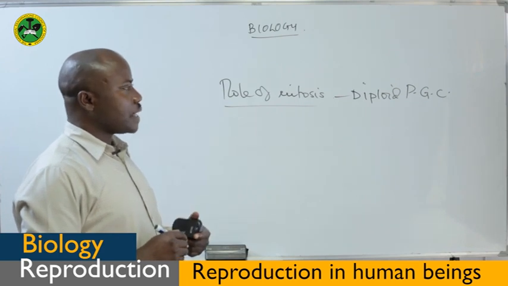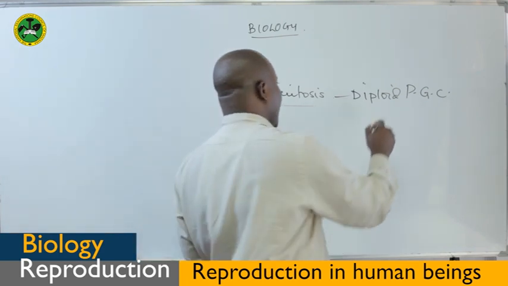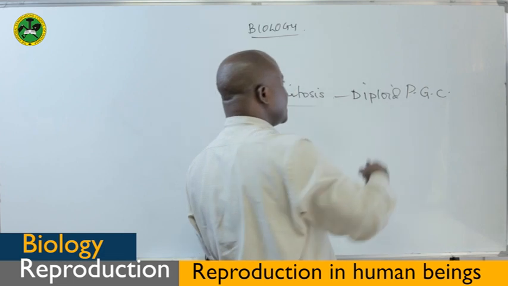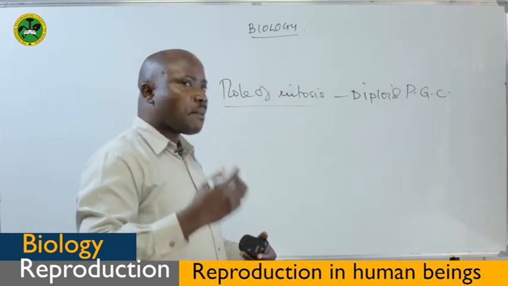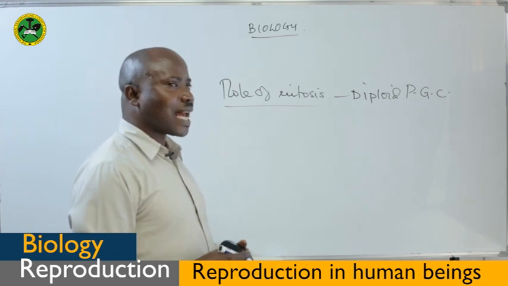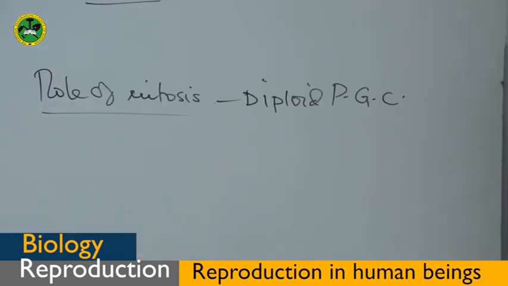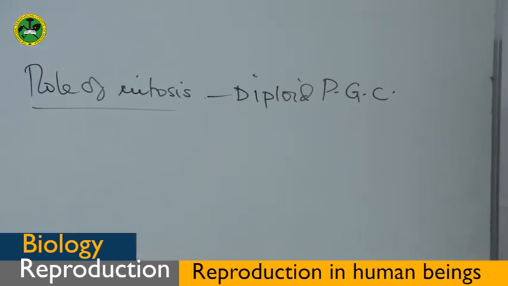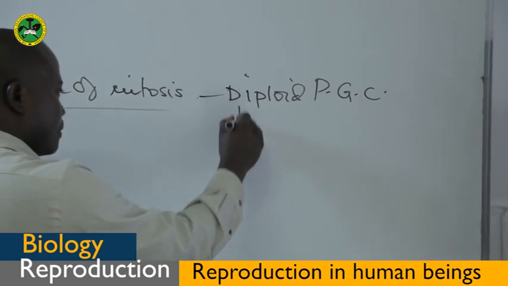Therefore here, mitosis multiplies or divides these diploid cells a number of times to produce a large number of diploid cells known as oogonia or spermatogonia.